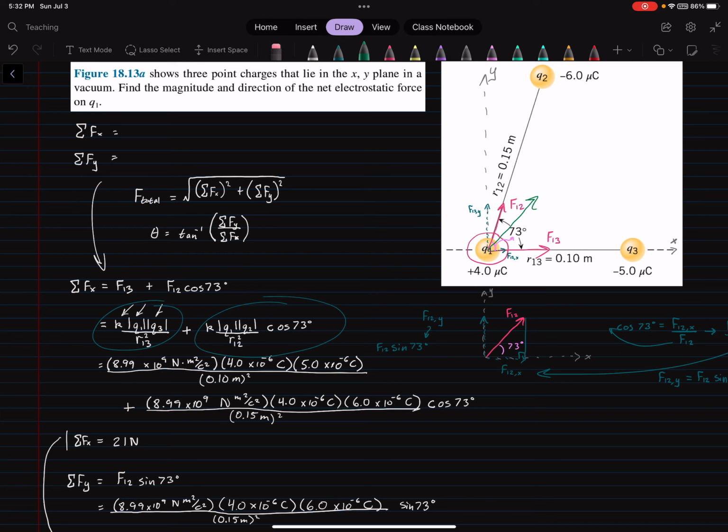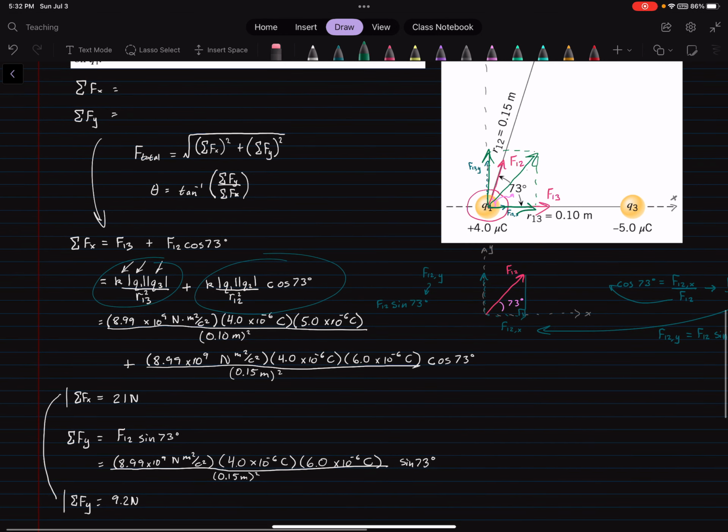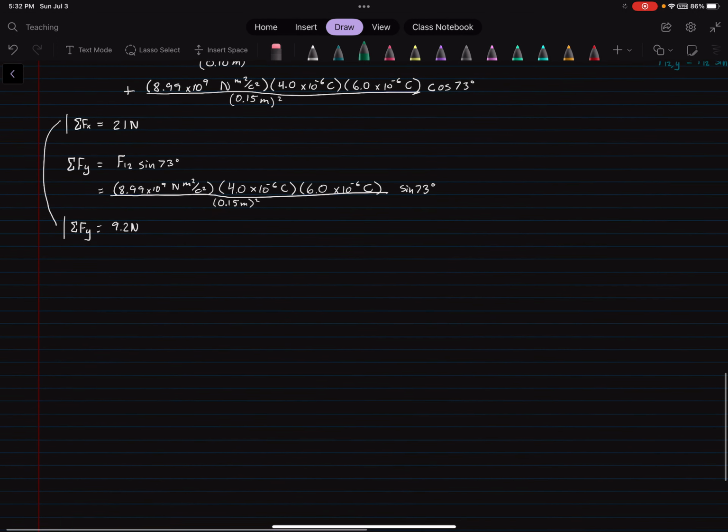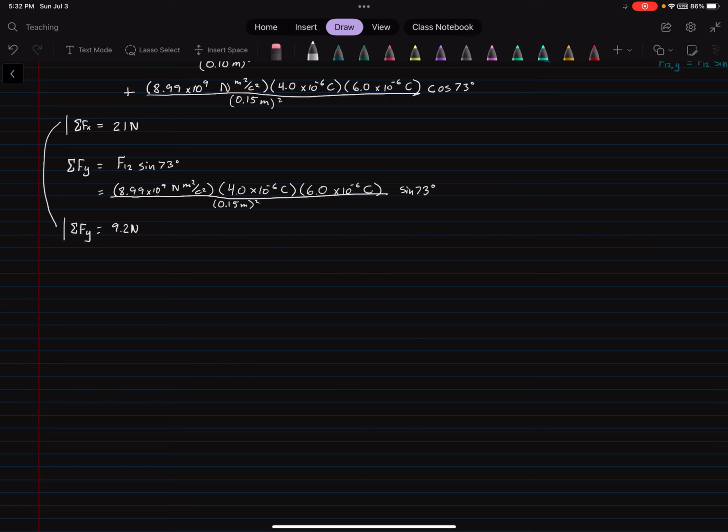And so what we found is the x component of this green one and the y component of this green one, right? And so we have both components, so then we can find F total by taking the square root of the sum of the squares. It's the total force on charge 1. So F total can be found by taking the square root of sum of fx squared plus sum of fy squared.